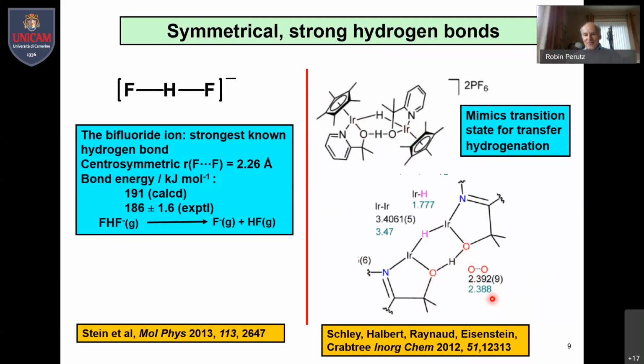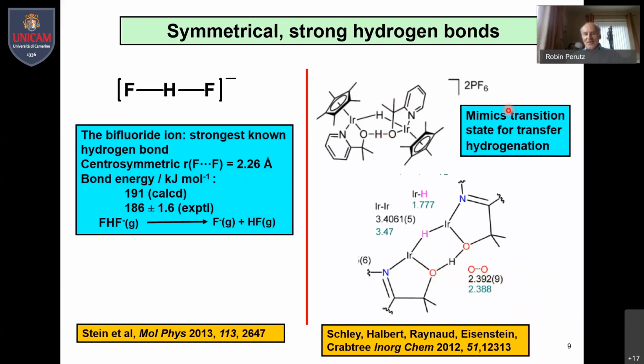Oxygen is a bit bigger than fluorine anyway. It's not that much longer than the FF distance, and it's again symmetrical. The black, by the way, is the experiment. The blue is the calculated distance. So this comes from Bob Crabtree and Odile Eisenstein.